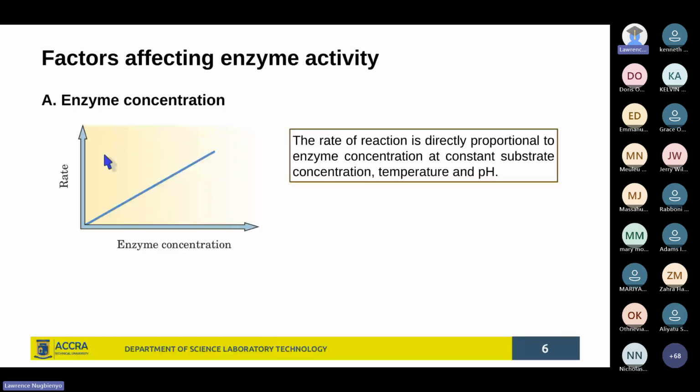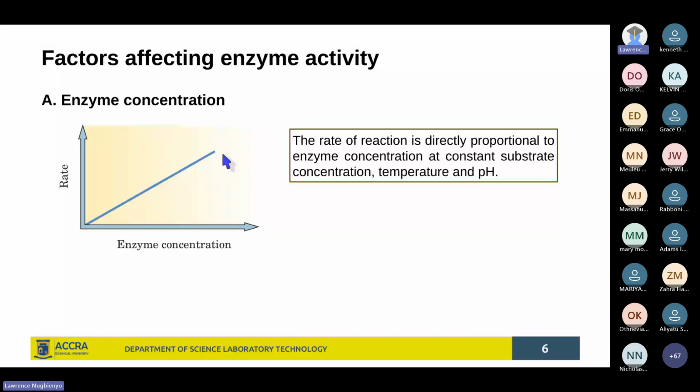So what this basically means is that the rate of a chemical reaction will continue to increase linearly when the concentration of an enzyme is increased in that reaction system, provided that the substrate upon which the enzyme is acting is in excess. So if there is substrate on which the enzyme will be acting, of course, the rate of the reaction will continue to increase linearly in that manner.